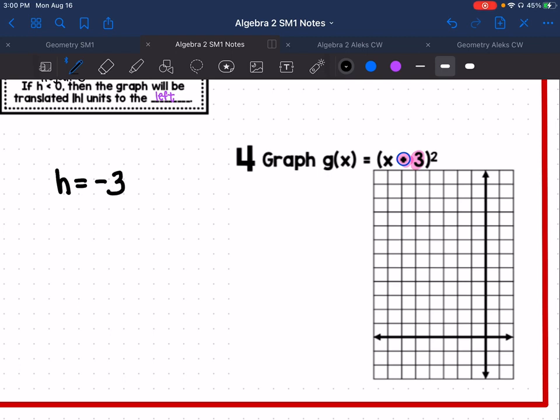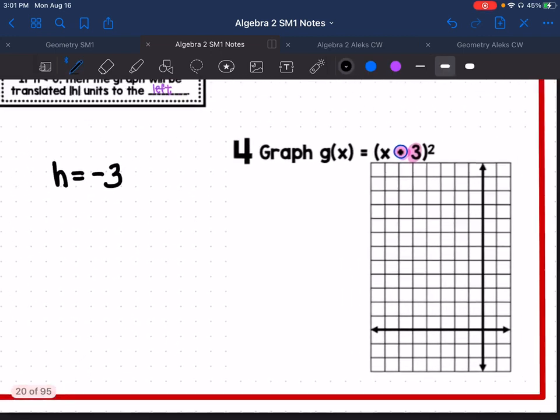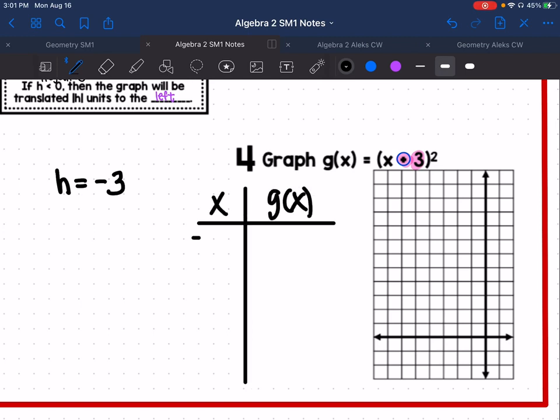The only way to change that minus, which is part of the formula, this minus right here, is by making a double negative. So H has to be negative. From that, I already know how my graph is going to move, but remember, you can always go ahead and do yourself a table, and here are the points that I would put in this table.